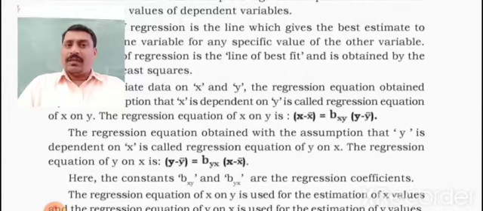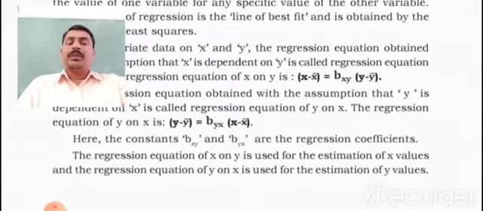Here y is the value to be identified, y bar is its average, and byx is the regression coefficient, into bracket x, the known value with the help of which we identify the value of y, minus x bar, the average of x values.